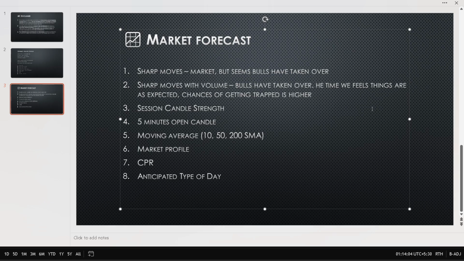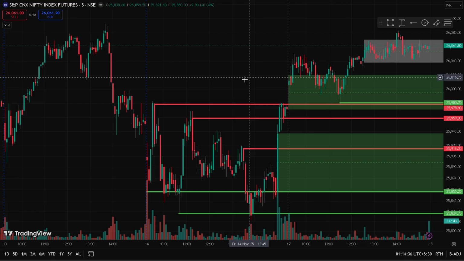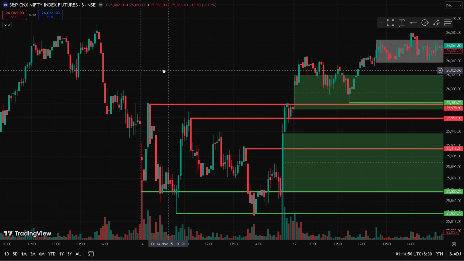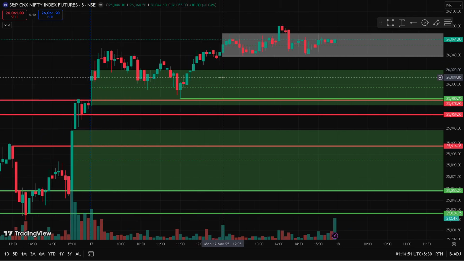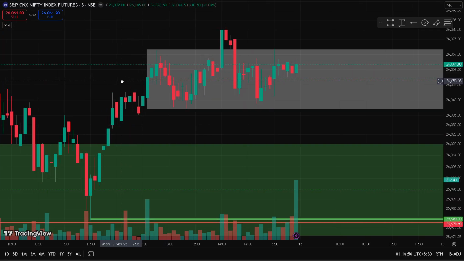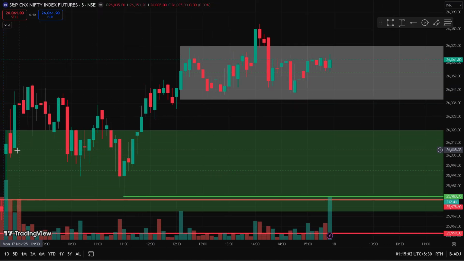Now, the third point is session candle strength. If you see this session, you see a good amount of players. Buyers and sellers both are active, both are powerful. But when we come down to 17th November, the candles are not as strong as expected. You can clearly see there are bull candles and there are bear candles.